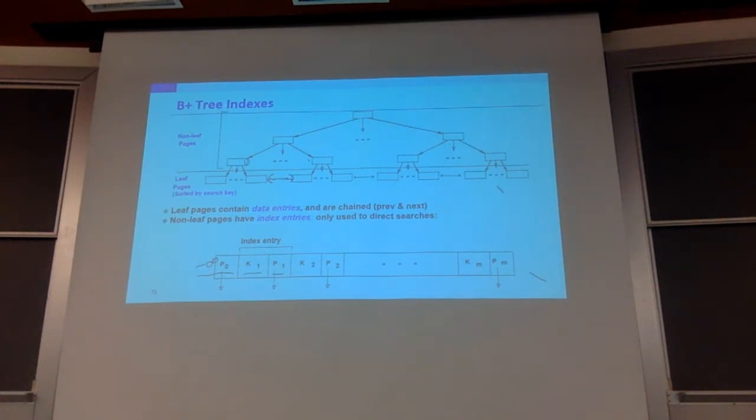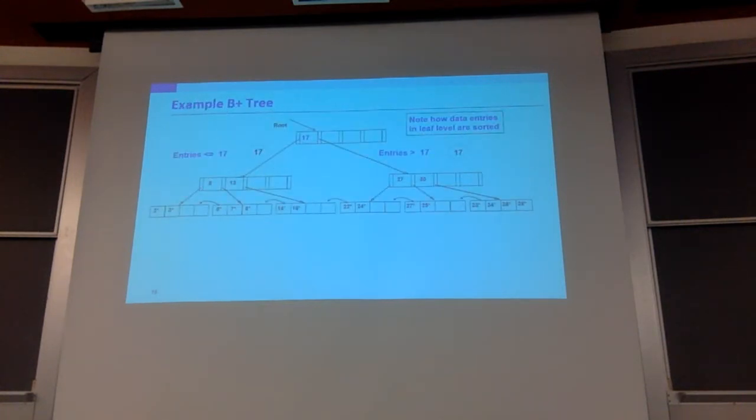Like your one key can span multiple pages, then you need to do a linear scan over the leaf pages for some reason, or you are doing a range search, say greater than or equal to 5, then your keys are going to be stored in multiple leaf pages. You need to scan all the way through them. Okay, so these links serve that purpose.